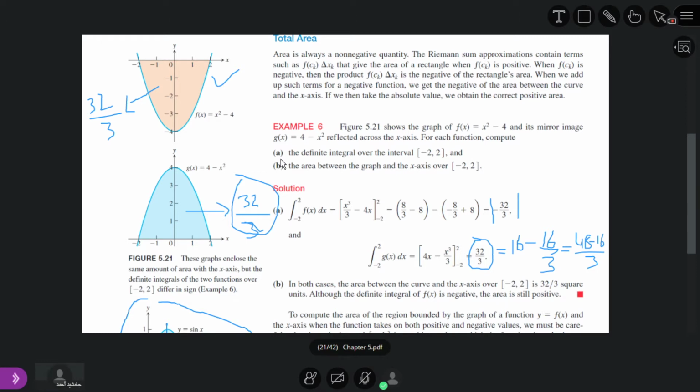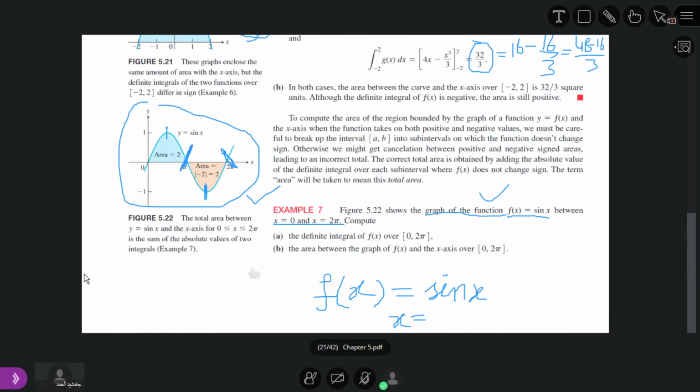So we have this function f of x is equal to sine x, where it is equal to 0. At 0, sine 0 is 0.